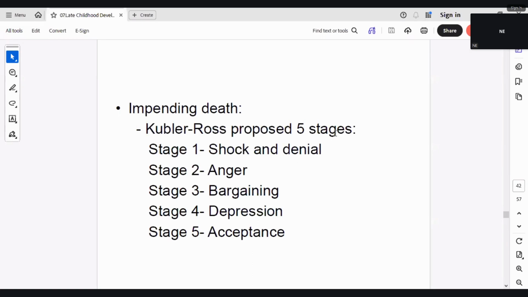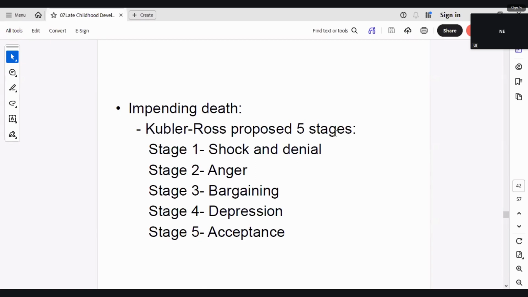And so you break bad news to them that they have that many months before they will pass, given the natural course of the disease that they have. So the 5 stages that a person will go through: stage one is shock and denial.